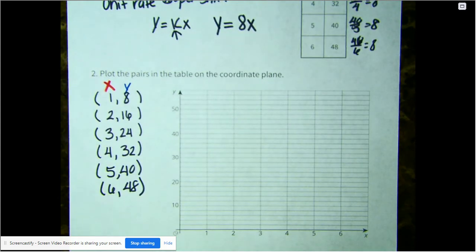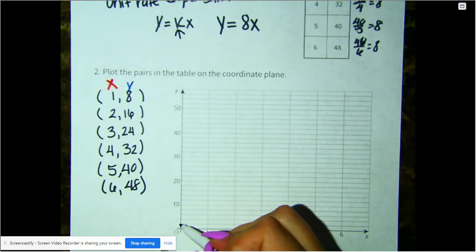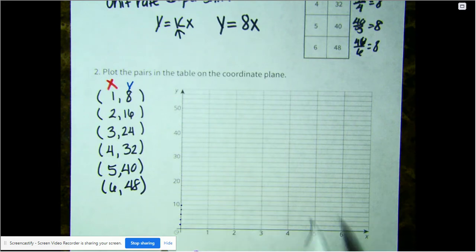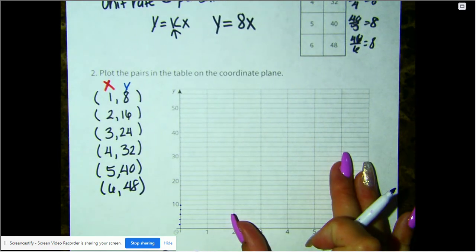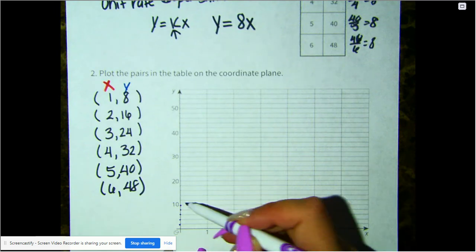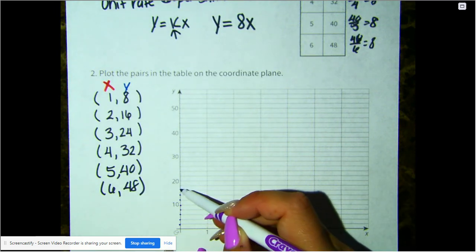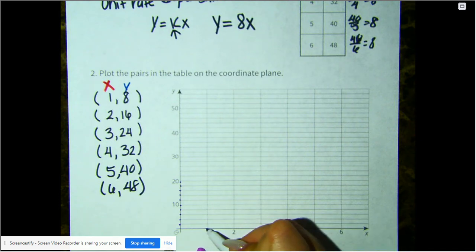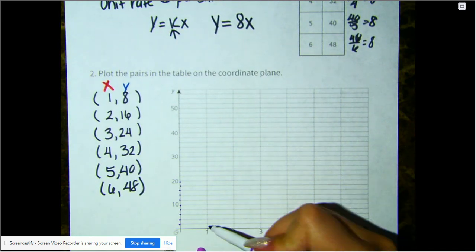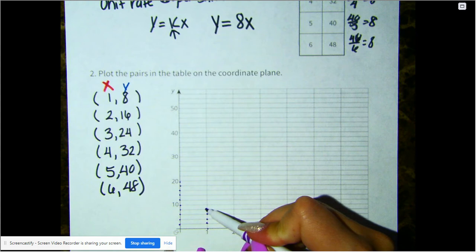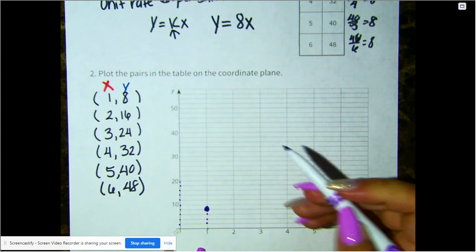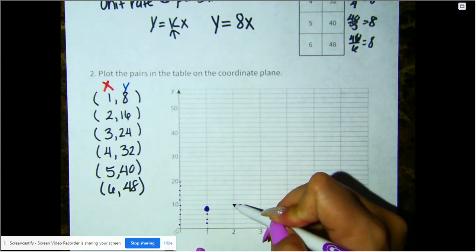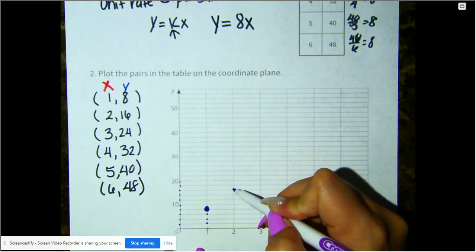So the first point that I'm going to do, 2, 4, 6, 8, 10. So I know I'm counting by twos in my graph. I just need to check that real quick. 12, 14, 16, 18, 20. So we have 1, 8: 2, 4, 6, 8. There's a point. For 2, 16: this was 10, 12, 14, 16.